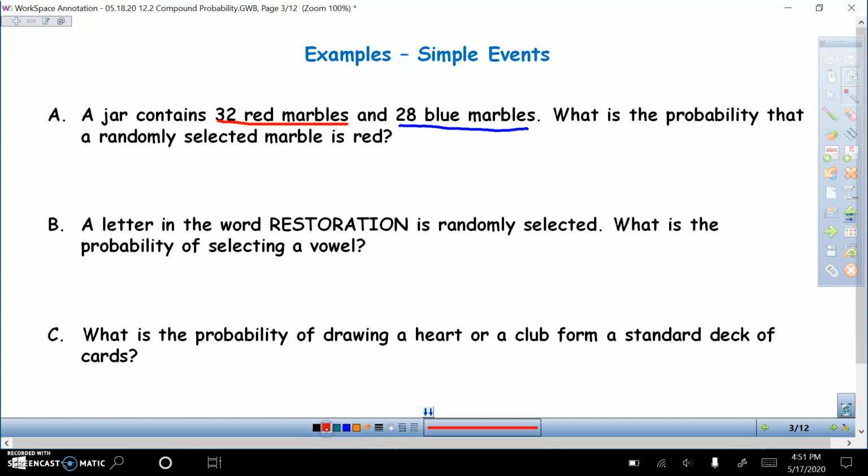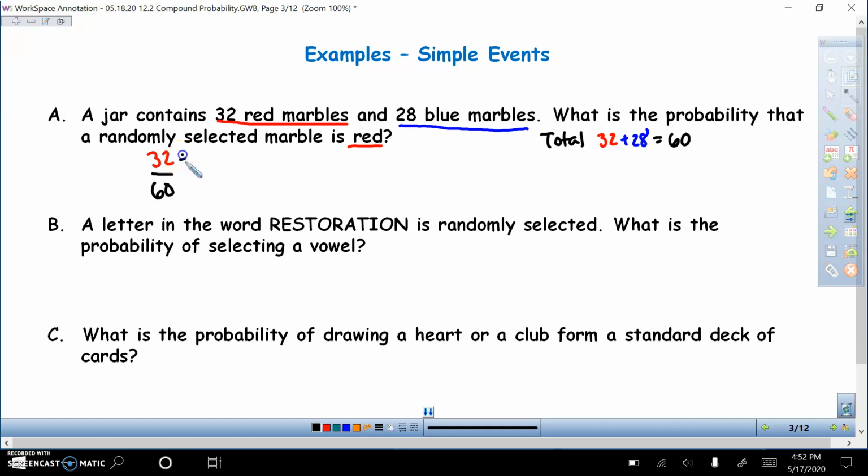First we need to figure out how many total marbles there are. So I take 32 plus 28, meaning there are 60 marbles in this jar. 32 of them are red, and I'm interested in drawing a red marble, over 60 total marbles.